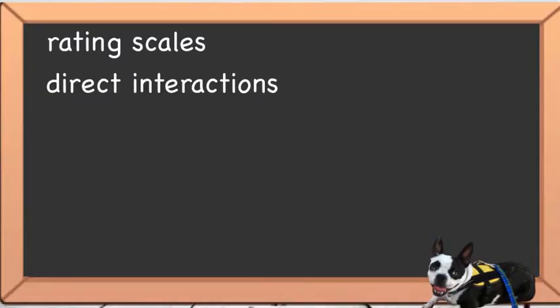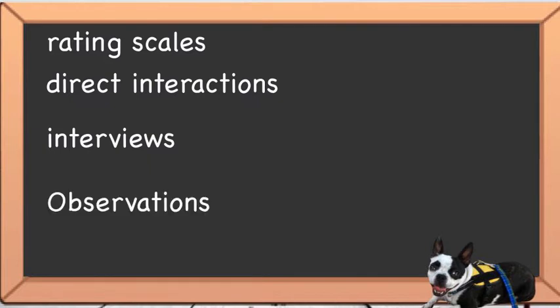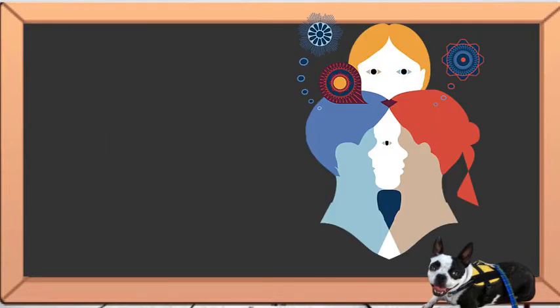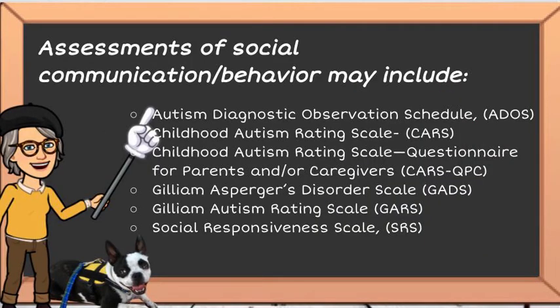These can include things like rating scales, direct interactions, interviews, and observations. If we want to look at some specific examples for assessments for social communication or behavior, we might look to things like the ADOS, which is the Autism Diagnostic Observation Schedule, or the CARS test, or the Gilliam Autism Rating Scale, or even the Social Responsiveness Scale.